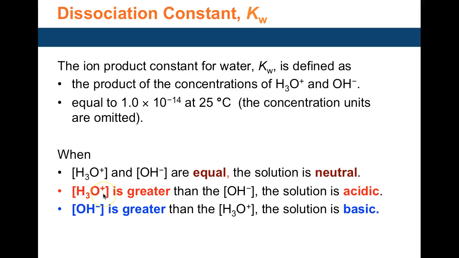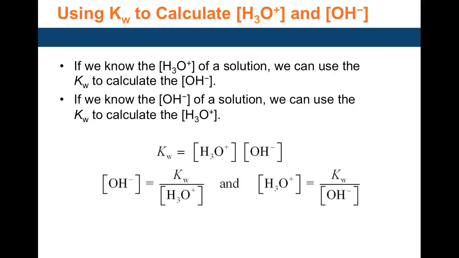However, if the H3O plus is greater than 1 times 10 power negative 7, that means the solution is acidic. However, if the H3O plus is less than 1 times 10 power negative 7, or rather the OH minus is greater, then that solution is basic.